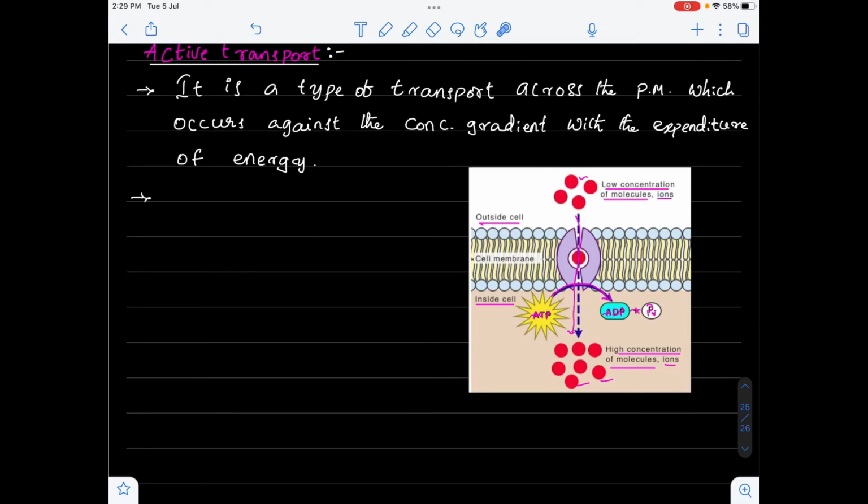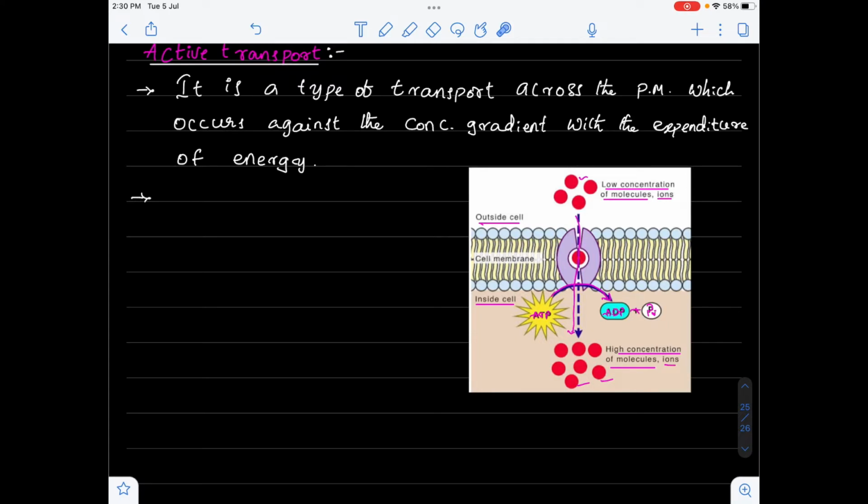And here sometimes the active transport occurs through vesicles, and then it is called as bulk transport, which means if large quantities of molecules are transported by vesicles which are formed by the infoldings and unfoldings of the cell membranes, then it is called as bulk transport.